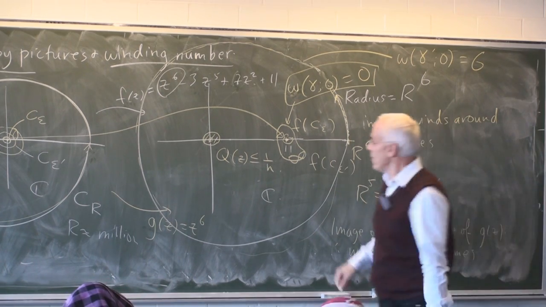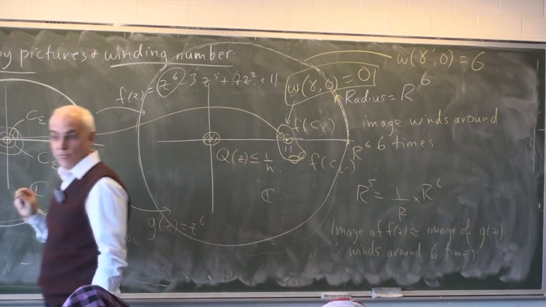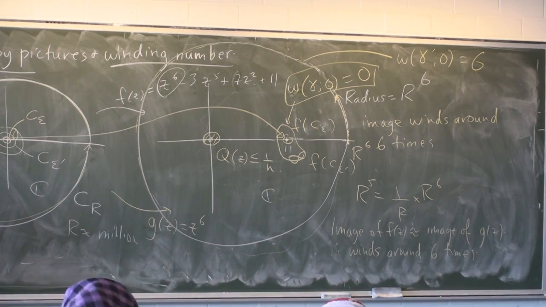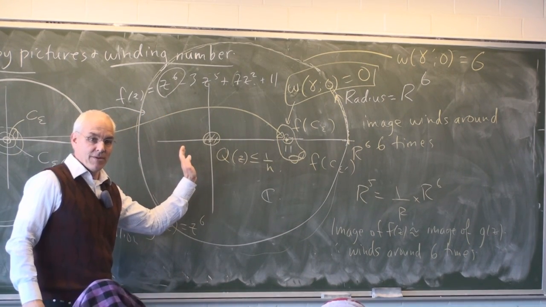Okay, so how can you go from something that winds around 0 times to something that winds around 6 times? The only way you can do it is if the image crosses the center.